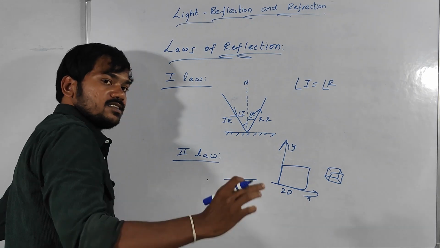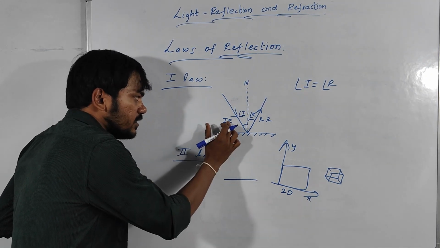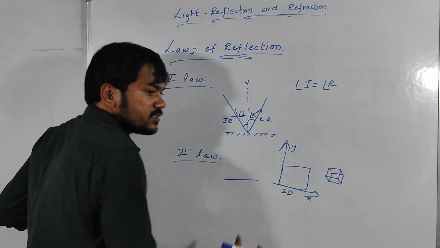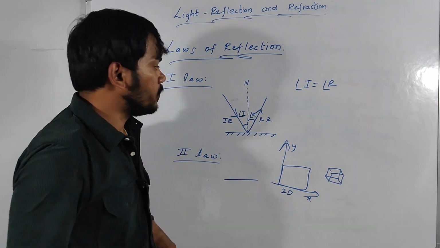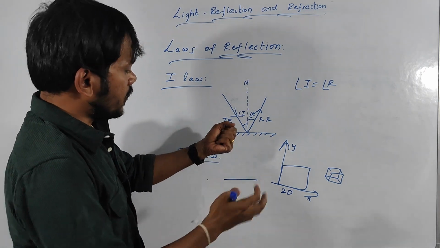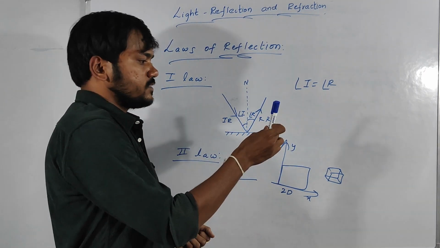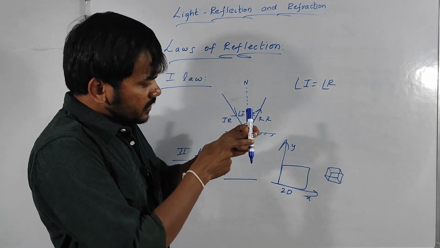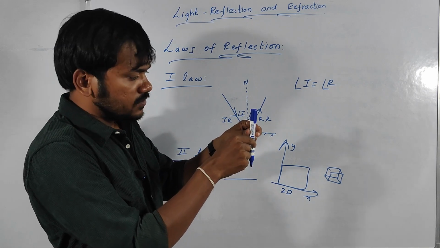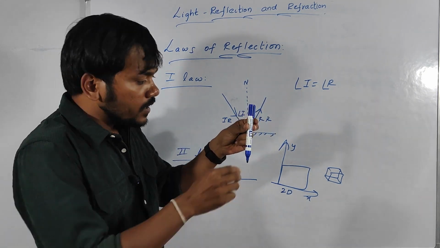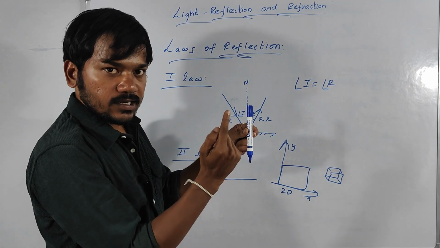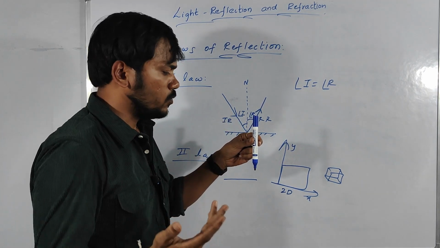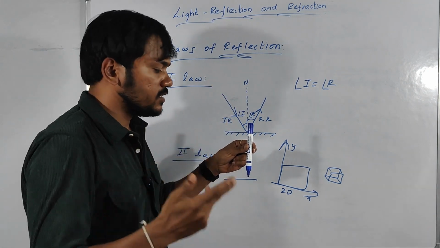Now the second law says the incident ray, normal and reflected ray all lie on the same plane. Now you may ask me, sir, if I am able to see your hand, I am able to see this, what is this marker? Is that a plane, sir? No, this is not a plane. Obviously this is a solid. But if I consider one ray of light incident onto this, you may assume it as a laser beam, no problem. Incident ray can be assumed as a laser beam.